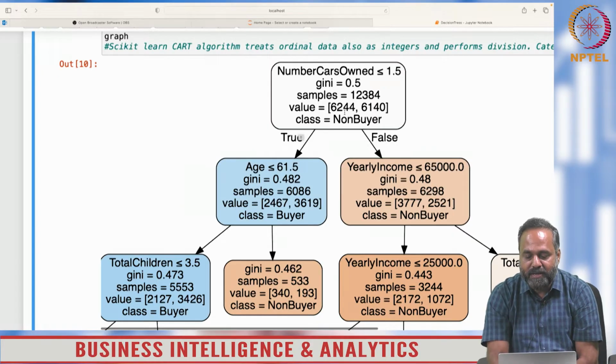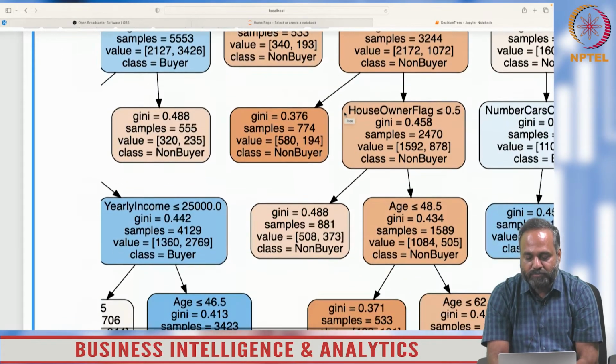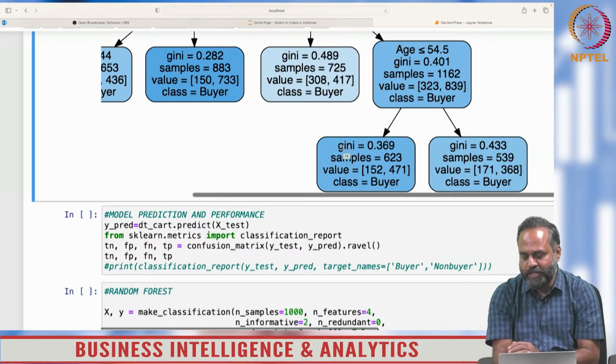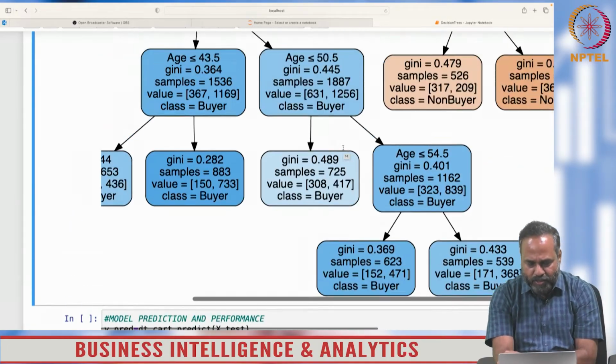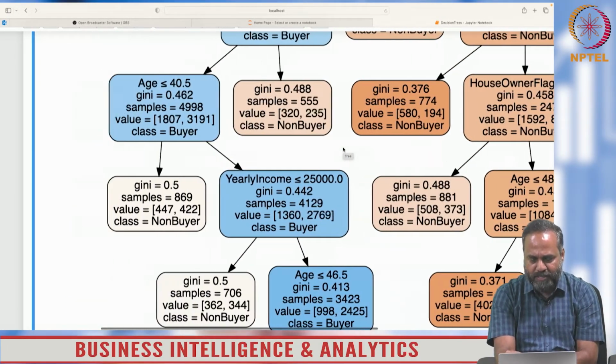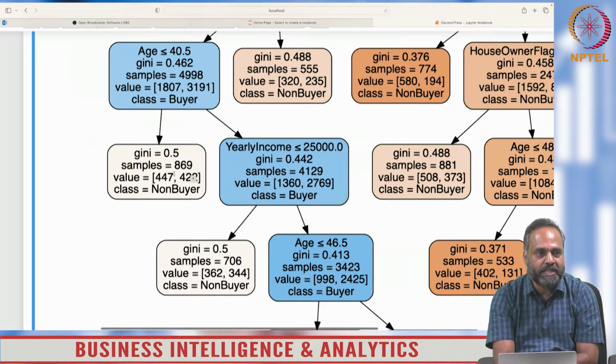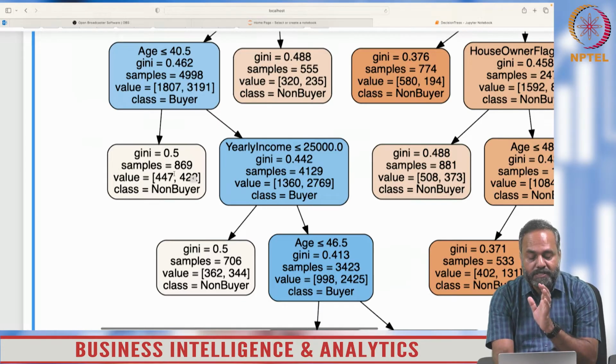It is split from the top, the root node, down several layers, but the tree is not too large, it is visualizable. You can see that sometimes the tree splitting stops, and sometimes it continues to split depending on the size of the leaf or terminal node that is formed.